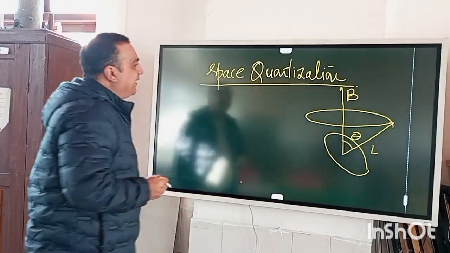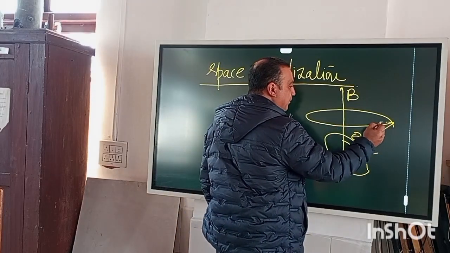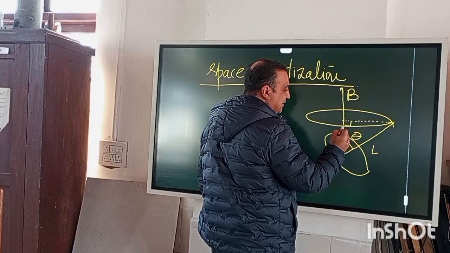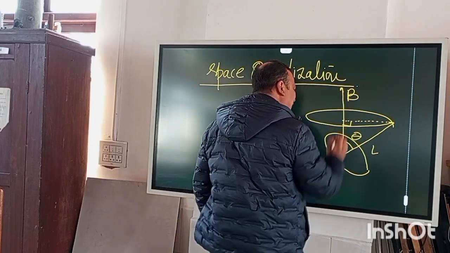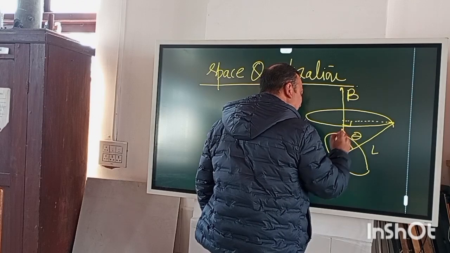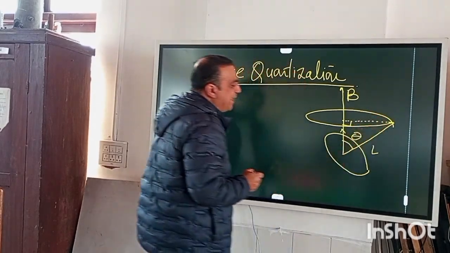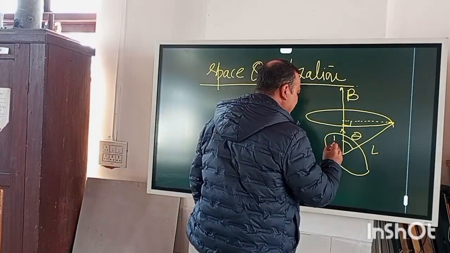And if I draw a perpendicular from here on the magnetic line, L will have a component along the magnetic field, and let's assume that the component of this angular momentum along the applied magnetic field is Lz.